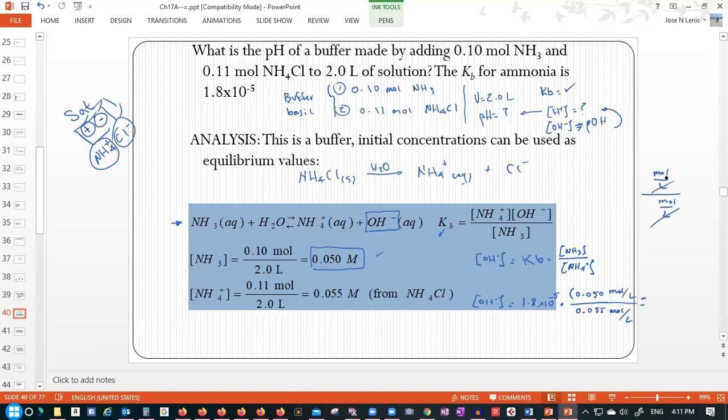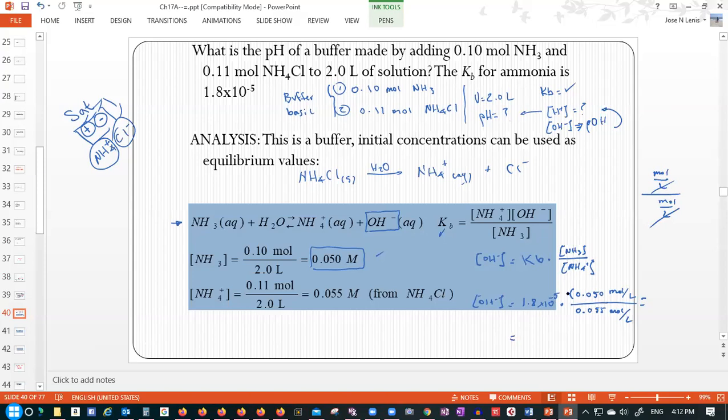So at the end, we get just moles. That's why I was telling you at the beginning, for buffers, and only for buffers, you really don't need to find molar concentrations.